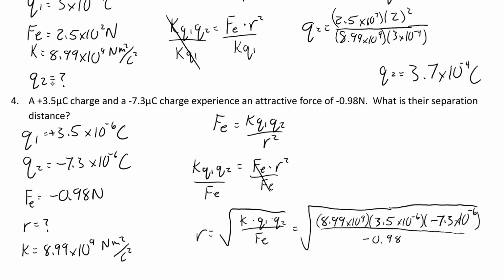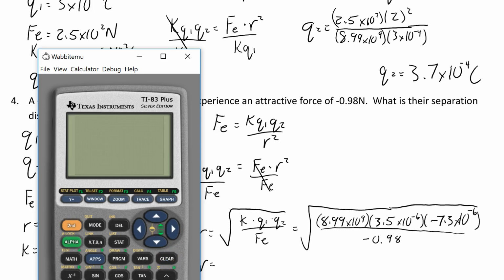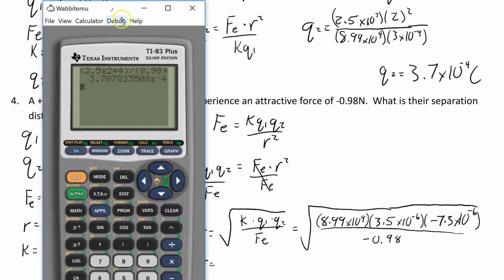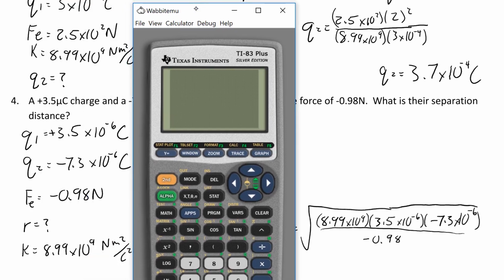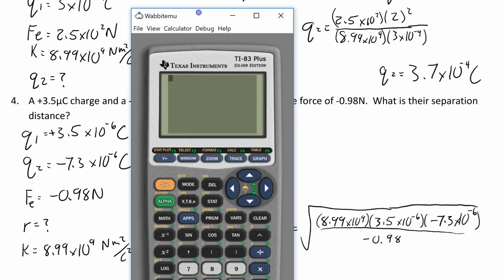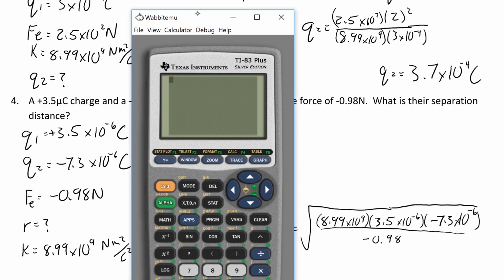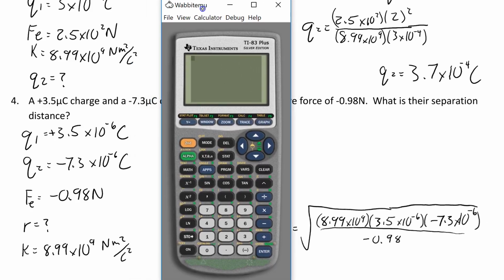And you get an answer of... should I show it in the calculator? Let me clear it. The benefit of doing it this way is that I can plug this whole thing into one line in my calculator. And you know me, I'm kind of lazy. I try to do the smallest amount of work possible. So let me make the calculator fit on the screen, and let's plug in the numbers here.